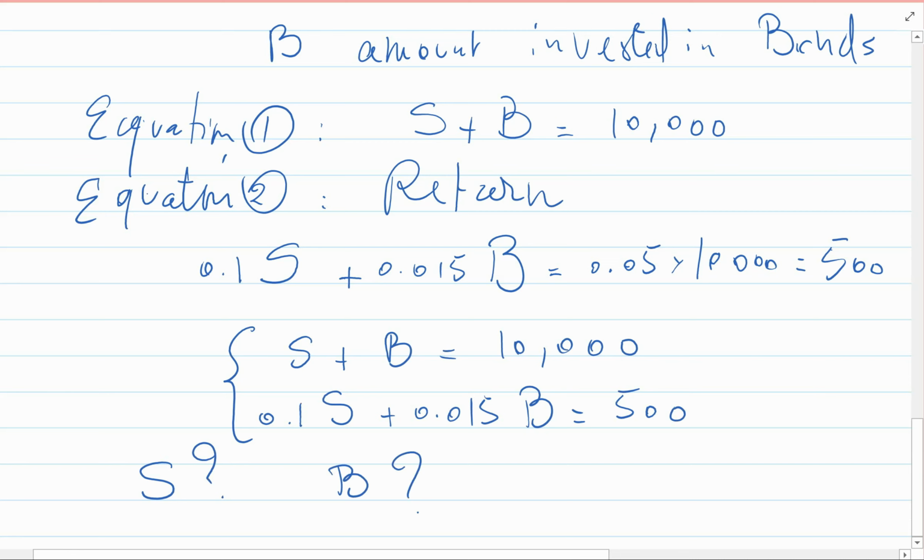First of all, S and B are unknown. Is that clear? We're dealing with a system of two equations with two unknowns, S and B, and my goal is to find out their values. In other words, to make them known.